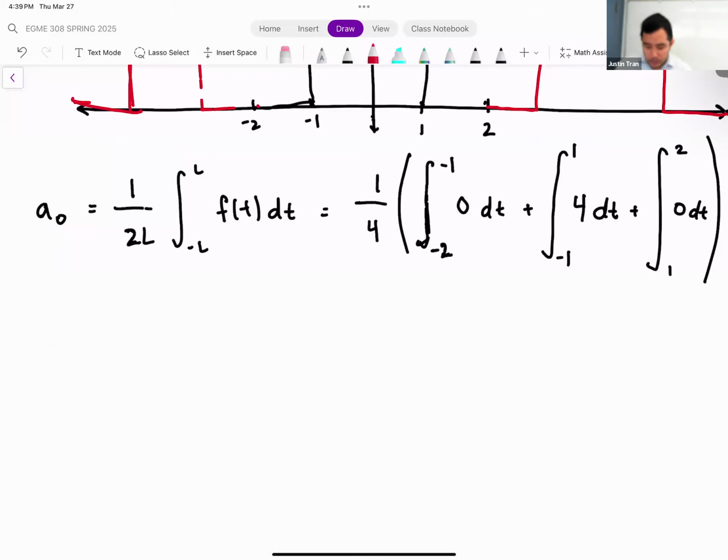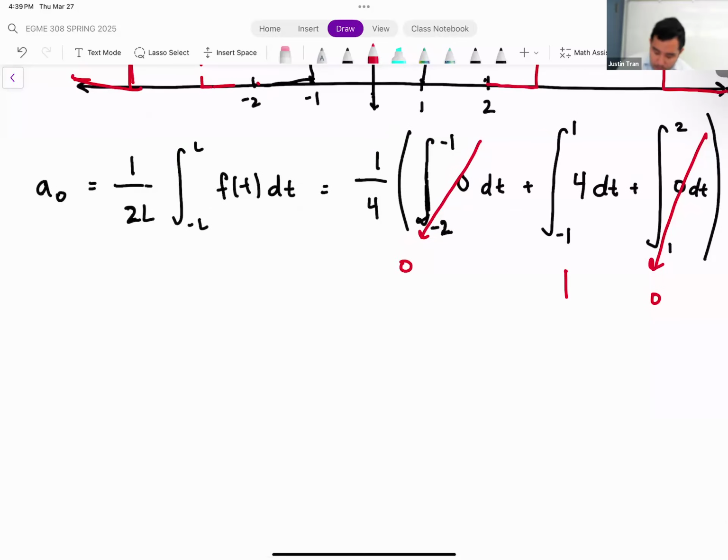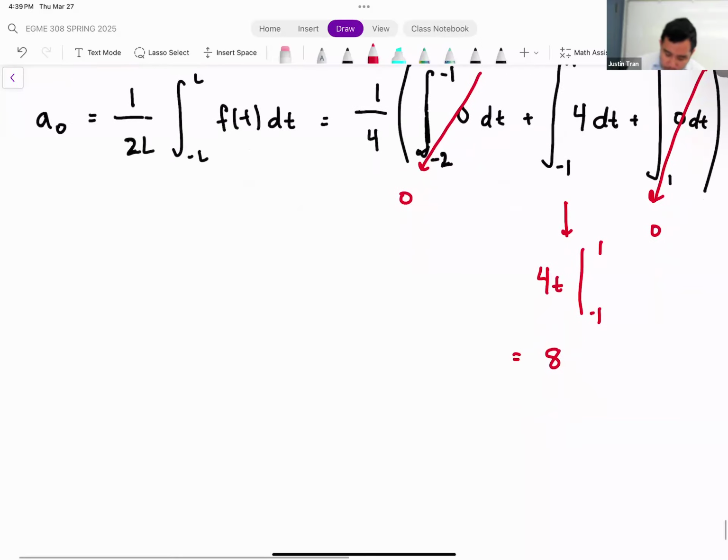These are pretty straightforward. The two integrals of 0 are just going to cancel out, because the integral of 0 is just 0. And for the function in the middle, we have the integral of 4, which is 4t, evaluated from t equals -1 to 1. This is equal to 8, because we have 4 times 1 minus -1, which is 2, so 2 times 4 is 8. Then we divide that whole thing by 4. And so what we get in the end is A0 is equal to 2.